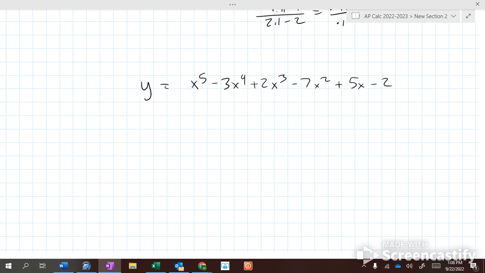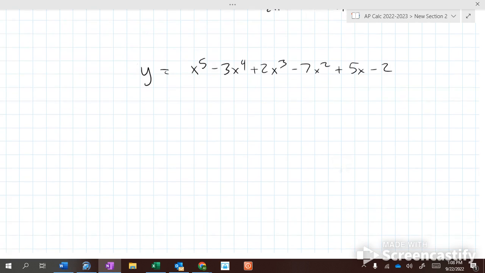That would be rather hard using the process we just used to find the slope at a point. So what we'll be learning this chapter is how to find derivatives and then plug points into the derivatives to find the slope of a curve.